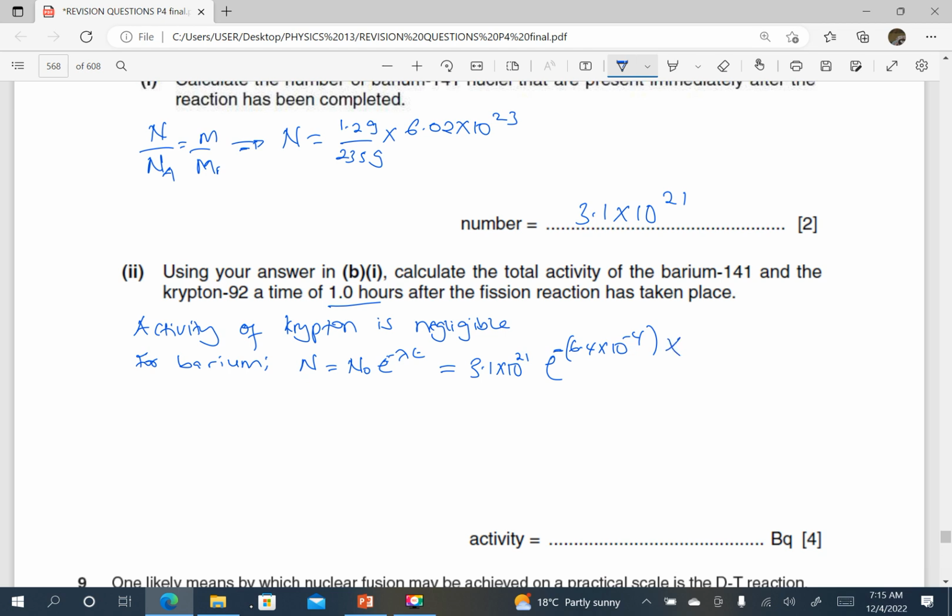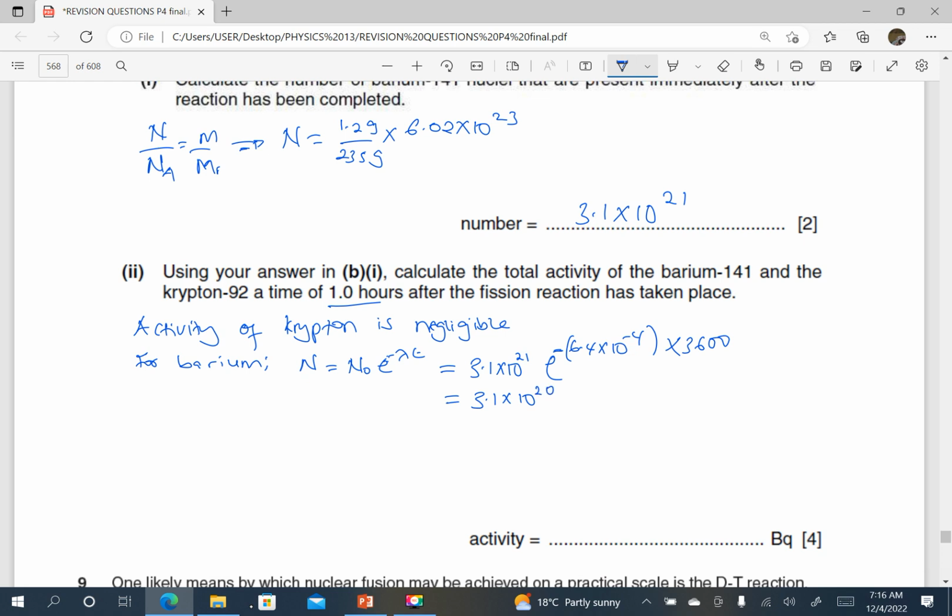Time is 1 hour, and 1 hour is 3,600 seconds, so times 3,600. So the number of barium nuclei present after 1 hour is 3.1 times 10 power 20.